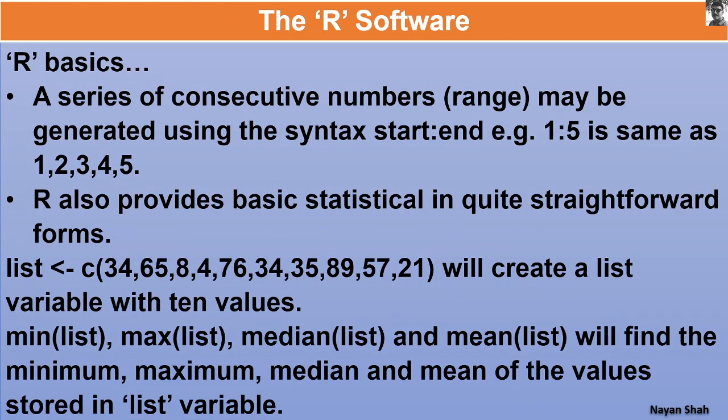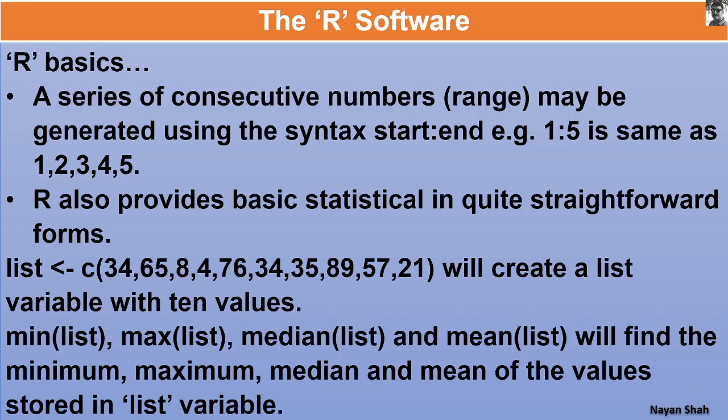A series of consecutive numbers, that is a range of numbers, may be generated using the syntax start colon end. For example, 1:5 is the same as 1 2 3 4 5. R also provides basic statistical functions in quite straightforward form.